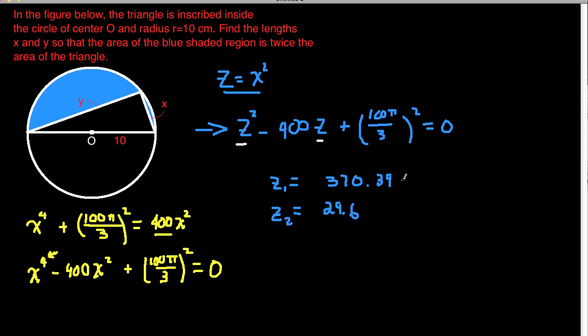So if this is the value of z, it turns out the value of x that makes that work is 19.24, and you can check that by squaring this and seeing that you get that. And the other value of x that makes this work is x equal to 5.44.